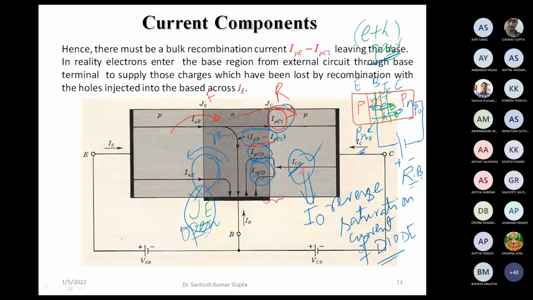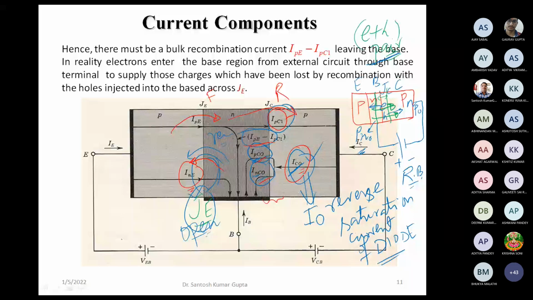A part of the current also results due to the injection of the charge carriers from base into emitter, which we call INE. Apart from this, the collector junction is reverse biased, resulting in two current components, IPCO and INCO, and that gives us ICO, the total current. This current is similar to the reverse saturation current of the diode.